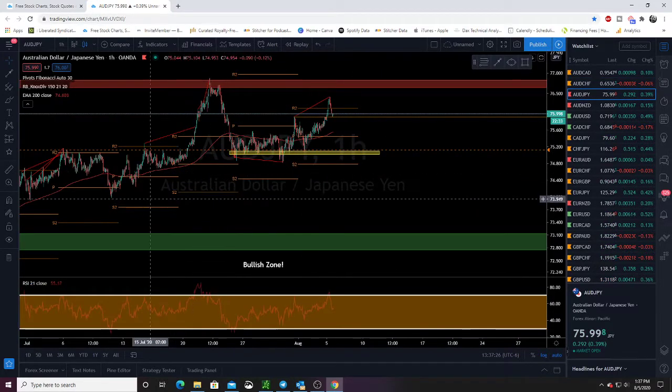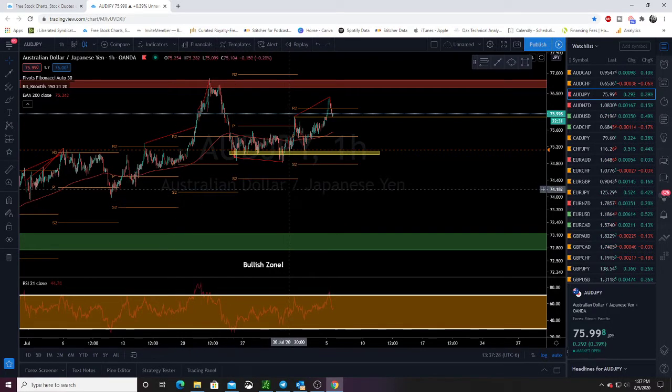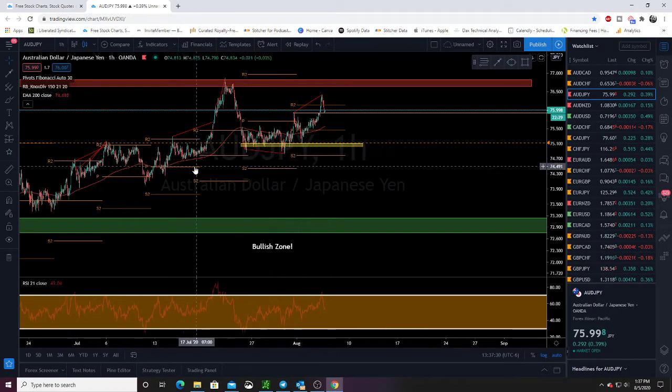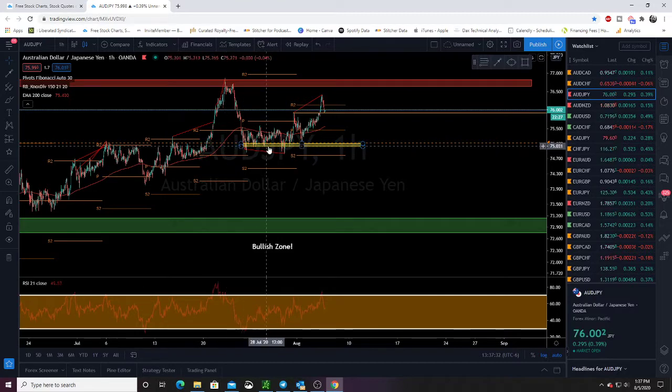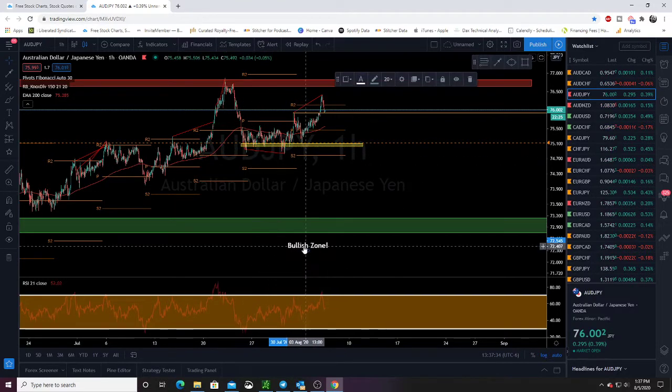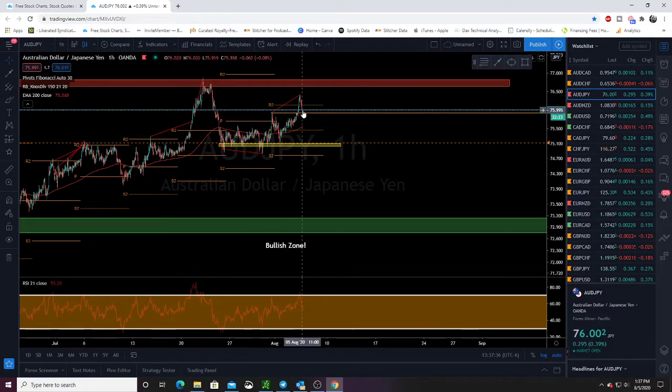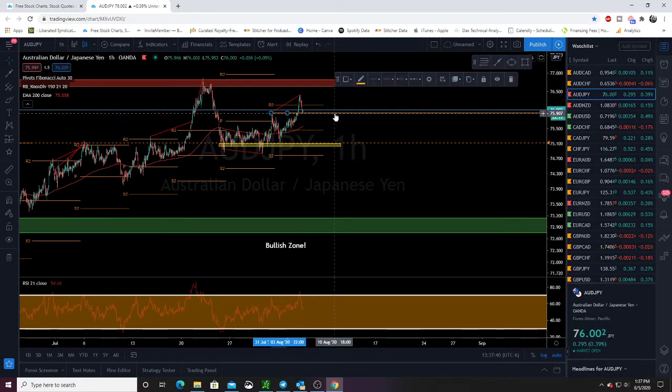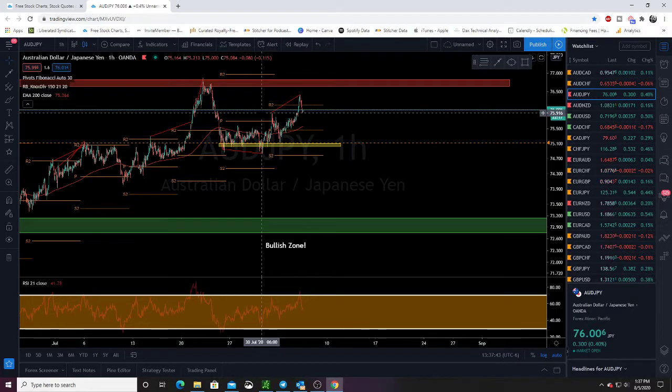Australian dollar, JPY. So I have this inflection point right here, or make or break, only because I want to wait until price pops down below it. So I had a top. We busted through that top, but we quickly came down to retest it.